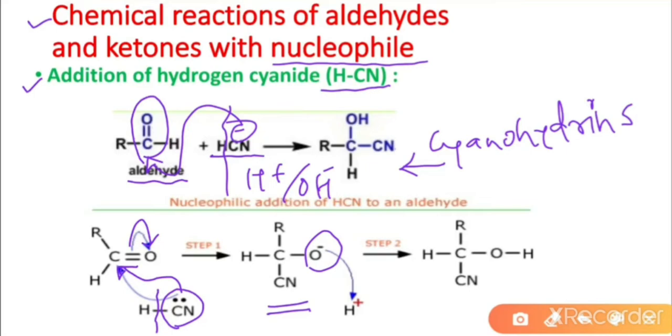Protonation of alkoxide. This is step number 2. This proton is abstracted by the alkoxide and forms the addition product called cyanohydrin.